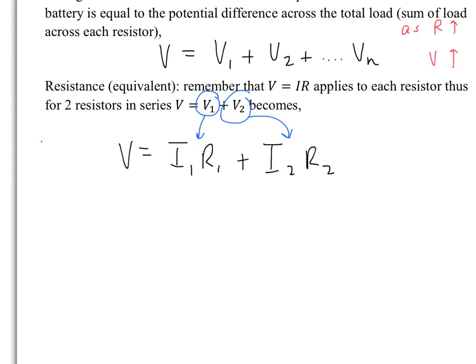Well, if this is true, I can also denote the fact that, what do I know about I1 and I2? Why are they the same? Yeah, that's the way the current works. So we just came up with the beginning. The current in series is the same.